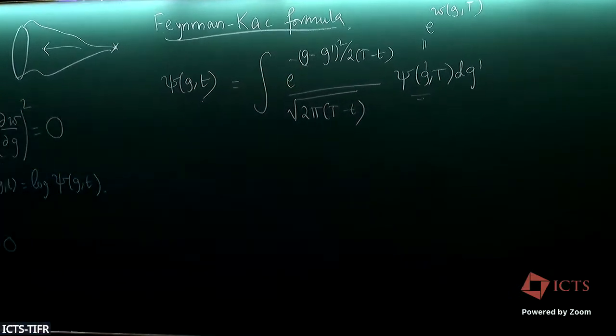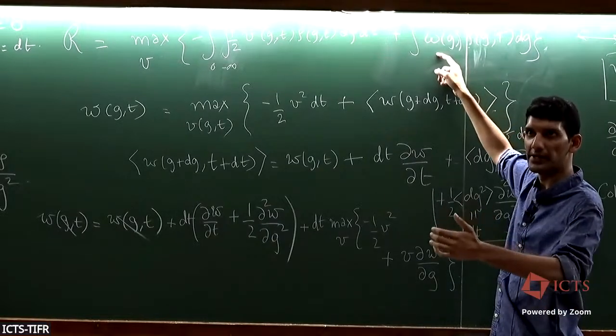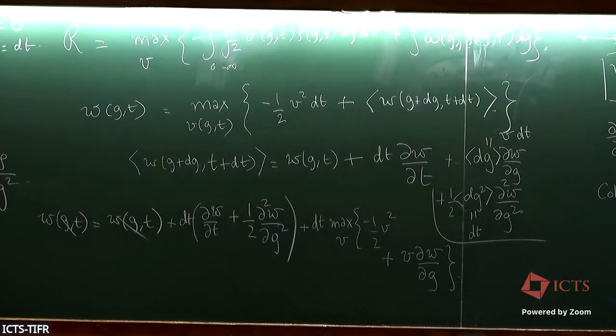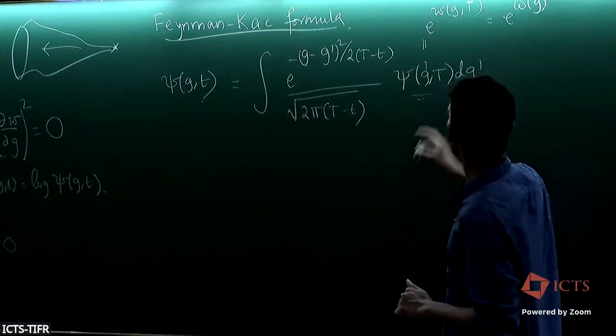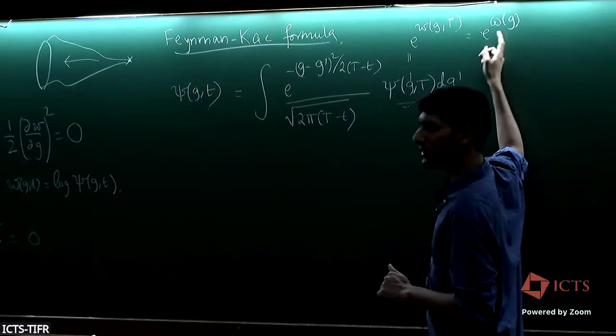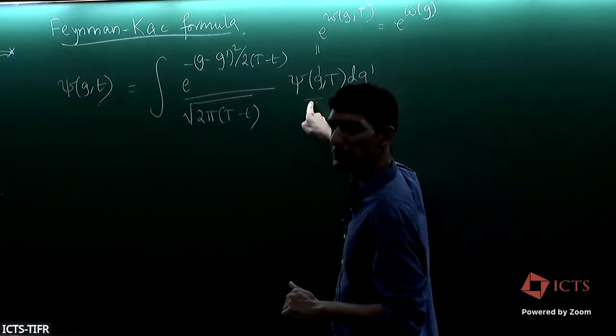So this omega over here is really the reward that you get at the very end. I should have written that there, but actually it's good that you asked. So this is actually e raised to omega g. So finding this omega, the Lagrange multipliers, is equivalent to finding the psi at the boundary.